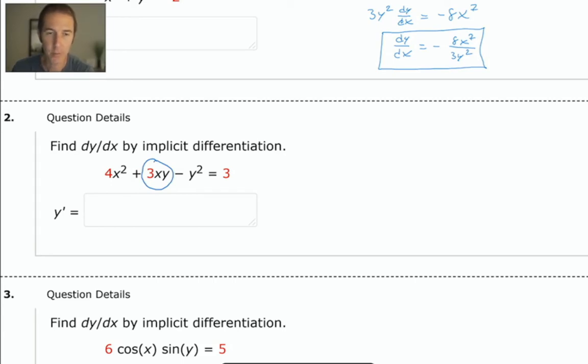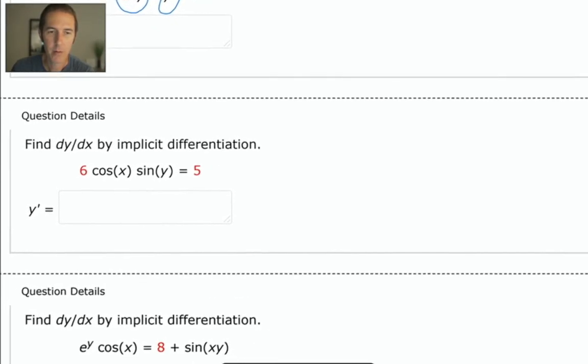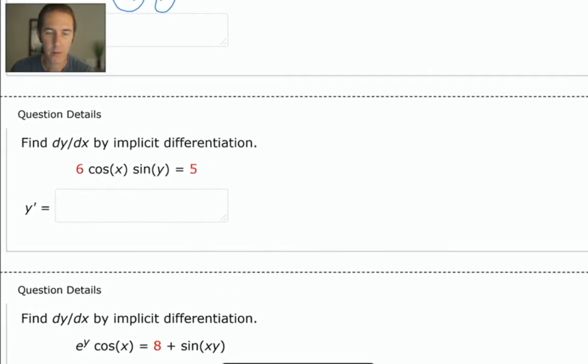And you'll be using implicit differentiation because you're going to be taking the derivative of y as part of using the product rule in that middle term. You'll of course be using the chain rule in here also because you're taking the derivative of y, or think of it as f of x. Let's go down and look at number 3 in greater detail since this is a little more unusual.